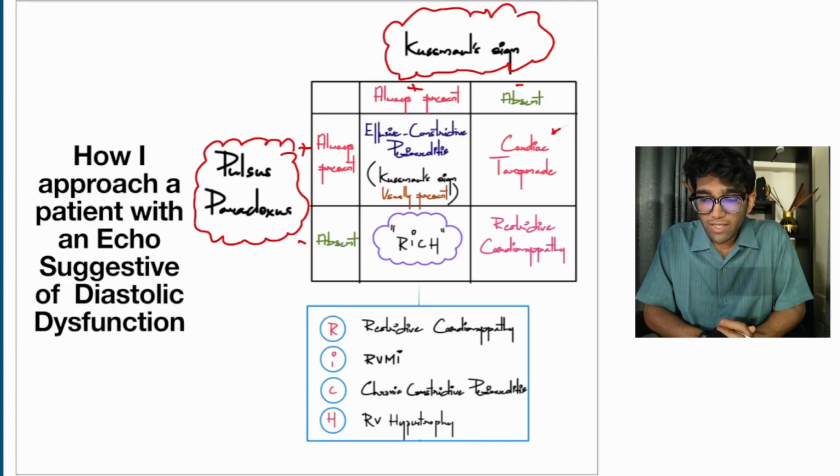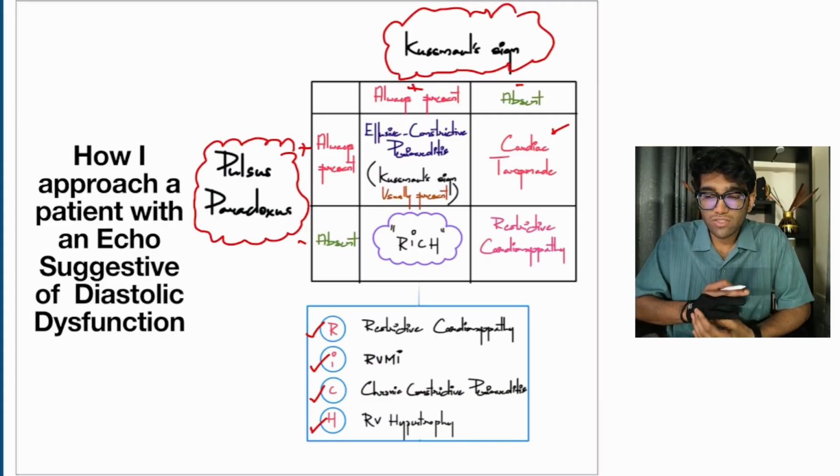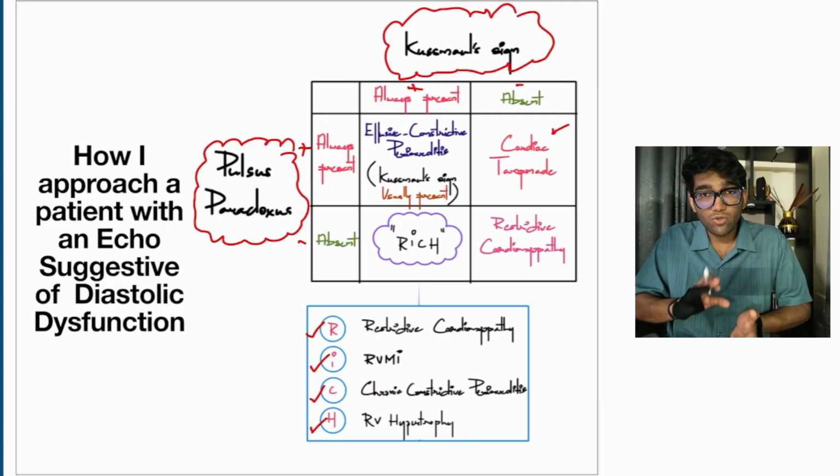On the other hand, if Kussmaul sign is present but pulsus paradoxus is absent, then we consider a rich differential diagnosis, that is these four entities: restrictive cardiomyopathy, RV myocardial infarction, constrictive pericarditis, and RV hypertrophy. If both are present, that is Kussmaul sign and pulsus paradoxus, then it is an entity that falls in between in the pathophysiological spectrum from cardiac tamponade to constrictive pericarditis.